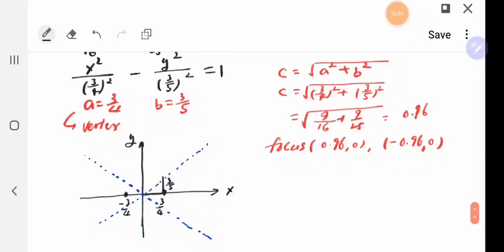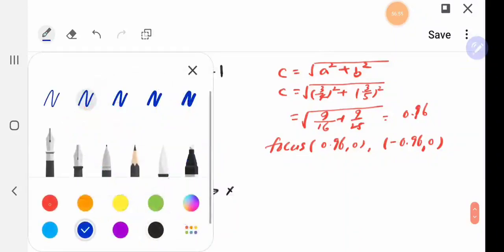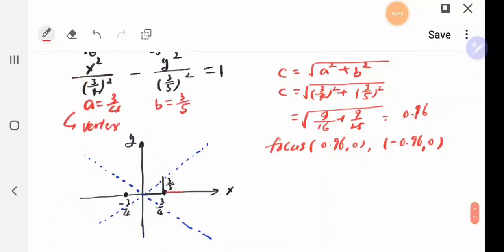From this, we can graph it like this, going this way and this way. And the foci should be here. This is the focus 0.96, and this is the second focus negative 0.96. So focus 1, focus 2.